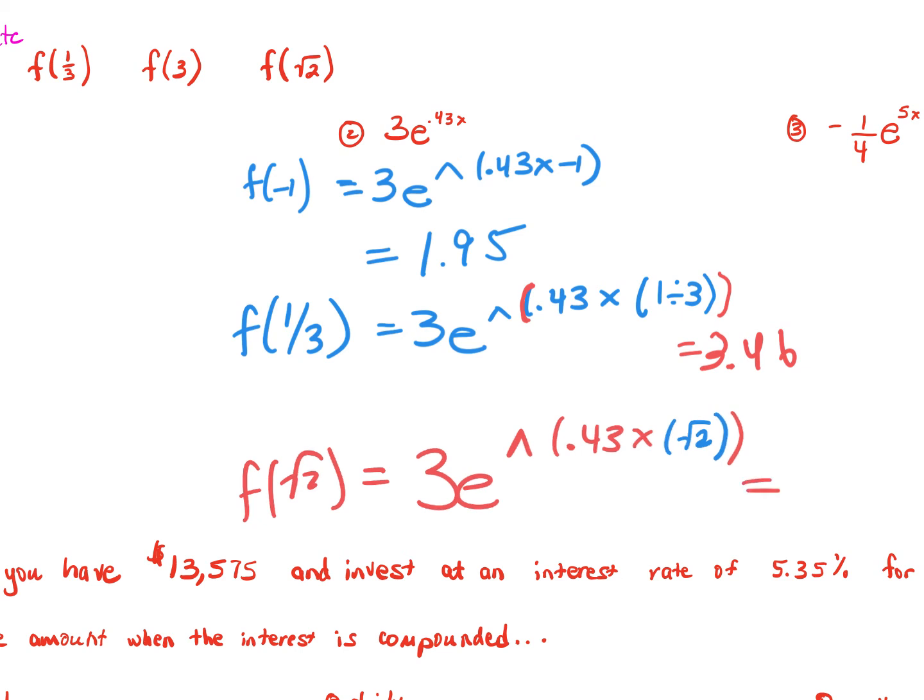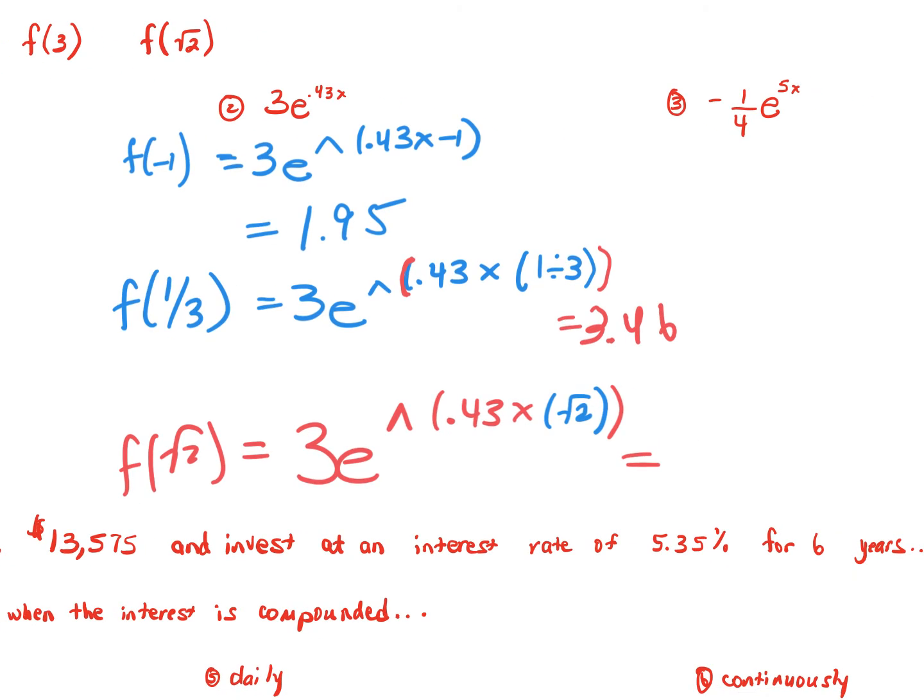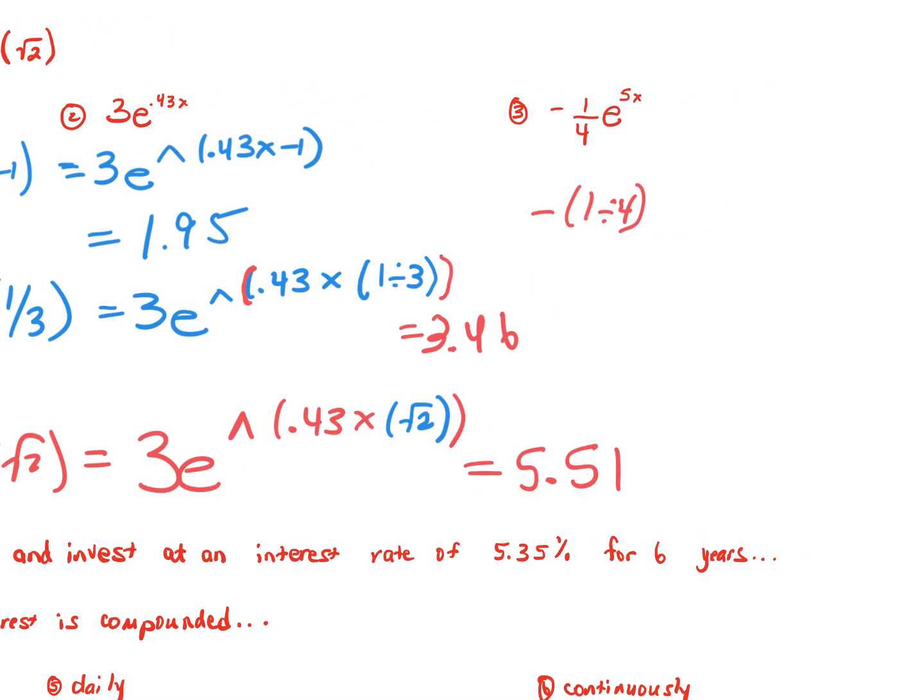So you guys are getting about, tell me again? 5.51? Okay. Now, if you were going to evaluate number 5, you'd have to put negative and then 1 divided by 4, parenthesis, then hit the E and then plug in. I cannot impress upon you enough how important the parentheses are.